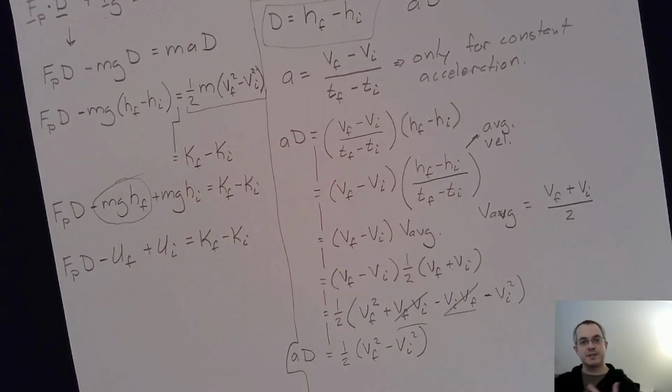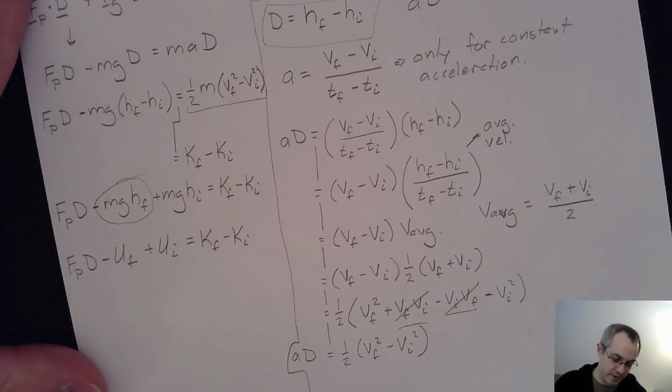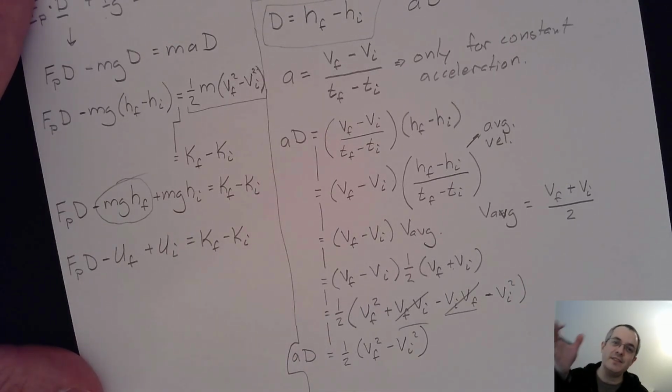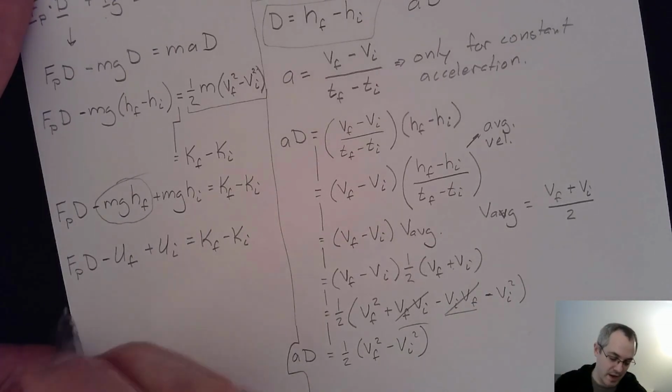Let's move the finals and the initials to the same side of the equal sign here. Or what we can do instead, let's leave the Fp times d on the left-hand side, and move everybody over to the right-hand side.